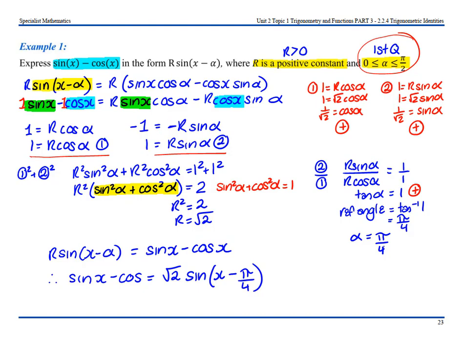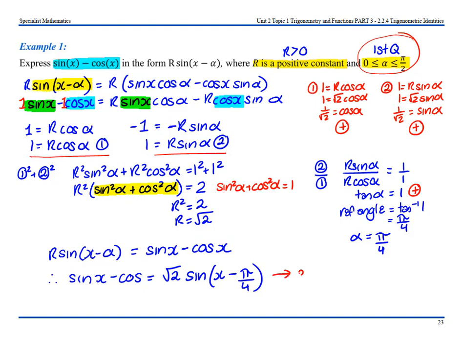Now note, when we're looking at this, if we were looking at graphing it, we know that that's a sine curve. We know that the amplitude's root 2, and we know that it has a phase shift or a horizontal translation of pi on 4 to the right. There is no vertical translation. Another thing is I can use that to solve, which I'll do in another example later on. Oh, another thing I didn't mention with this graph though is it would have a period of 2 pi.